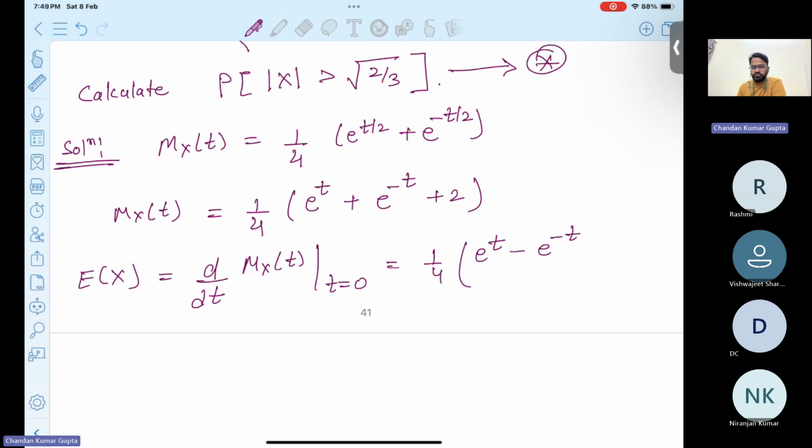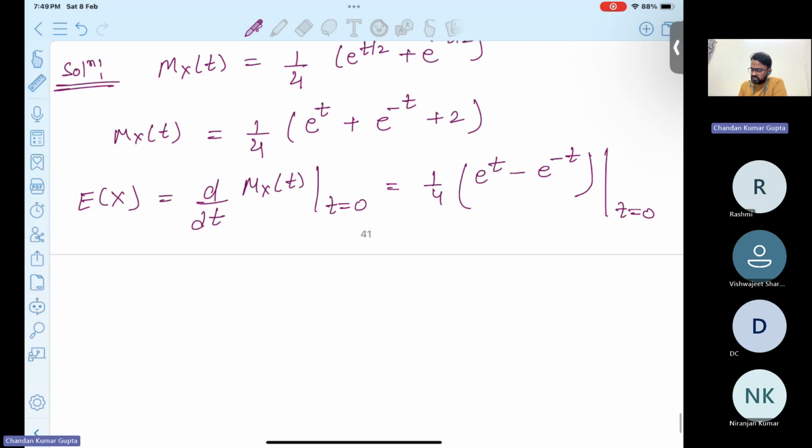Now when we put t equal to 0, e to the power t comes out to be 1, and e to the power minus t comes out to be 1 as well, and 1 minus 1 equals 0. So the expected value of X for this random variable is 0.